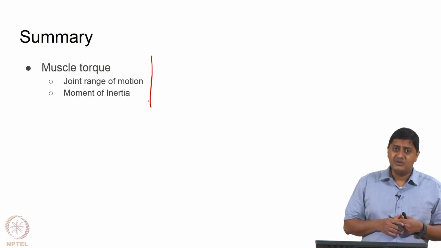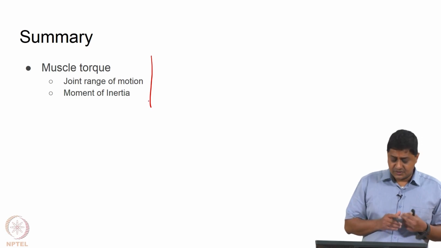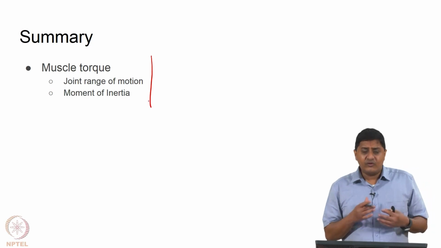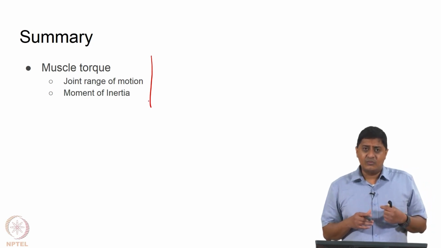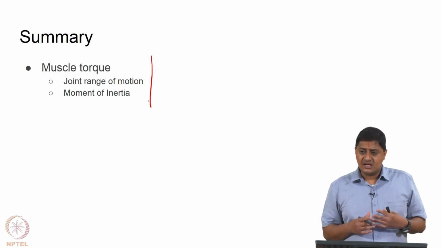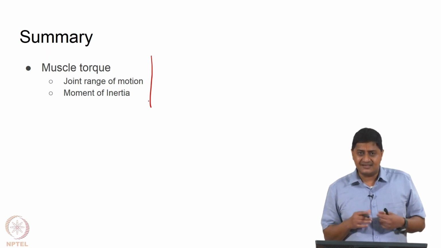You will be producing more forces than required and there will be a larger amount of co-activation than required. So, that means that will be energetically inefficient. Essentially the amount of co-activation or the amount of energy that is expended in performing a task is a measure of skill.